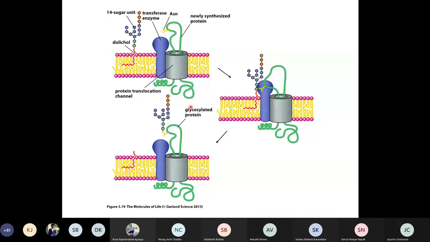Okay, did you follow what I said? No, sir. Please repeat. Okay, so the first difference is there is no lipid tethered oligosaccharide unit in O-linked glycosylation. So, like you said, there will be a monomer.